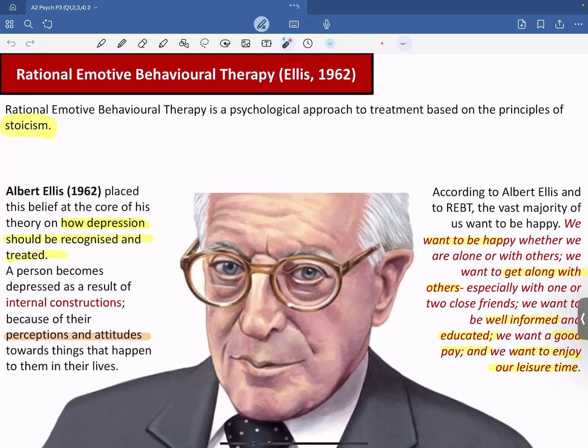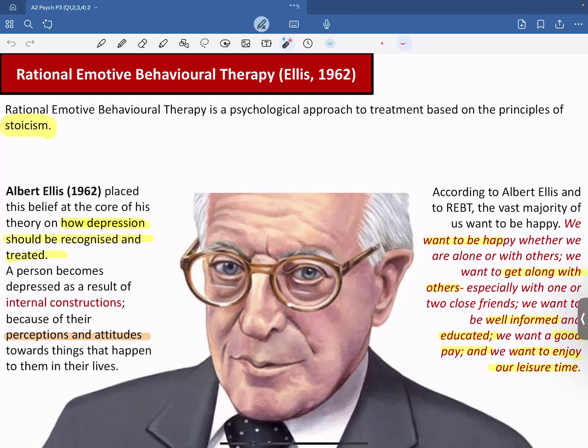And when I use the words internal constructions, we're talking about the mind, we're talking about cognitions, perhaps our illogical, irrational thoughts leading towards us being the way we are. So a person becomes depressed as a result of internal constructions because of their perceptions and attitudes towards things that happen to them in their lives.